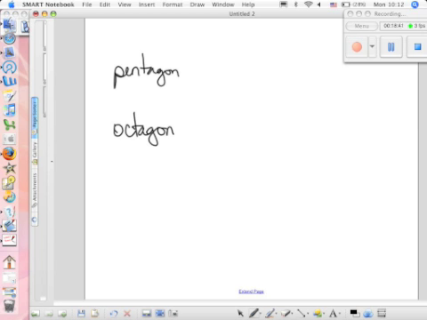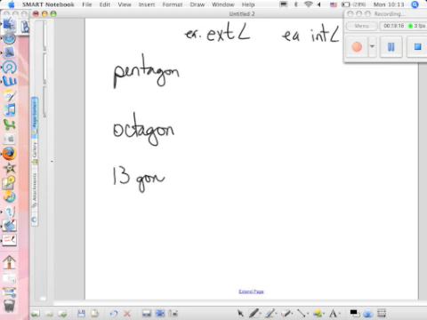Let's say these were all regular. First we're going to find each exterior angle, then each interior angle. Which one's the easiest to find first? The exterior, because all you have to do is divide 360 by however many sides there are. How many sides are in a pentagon? 5.